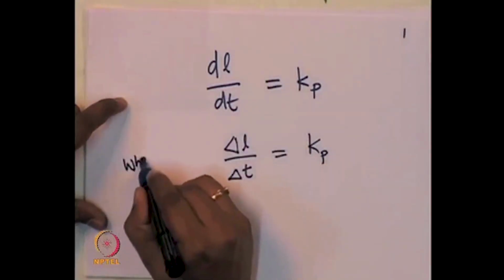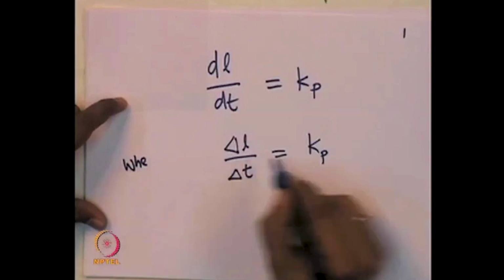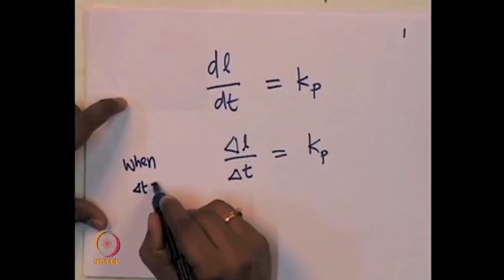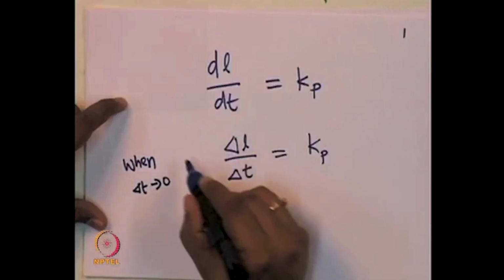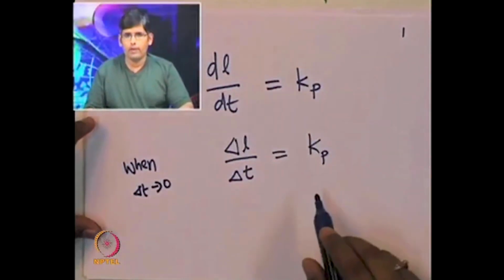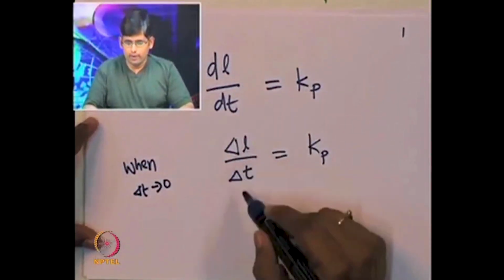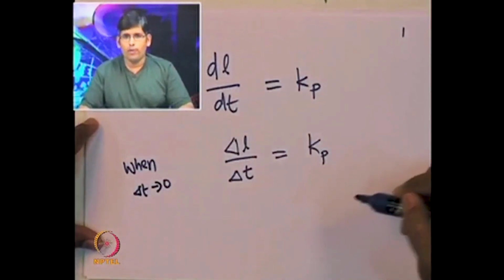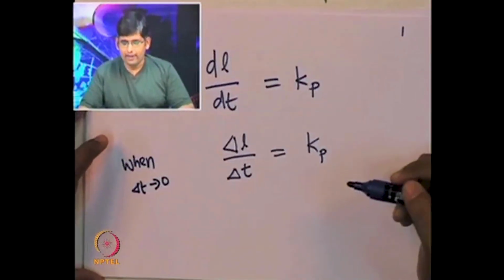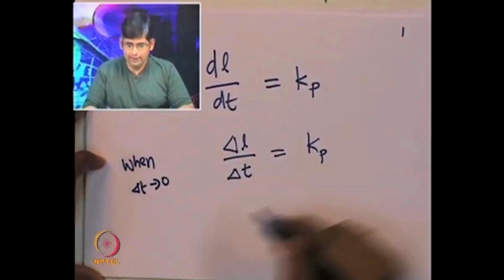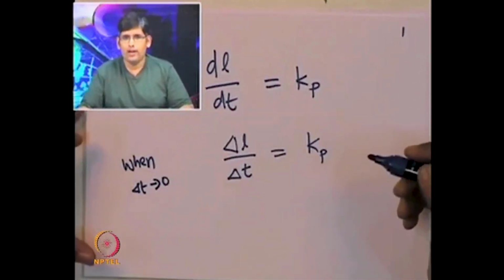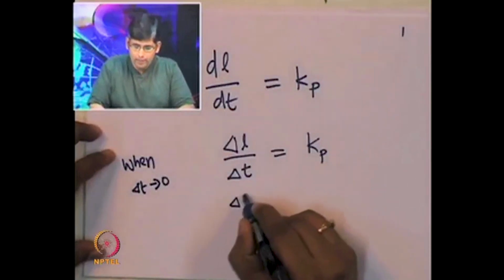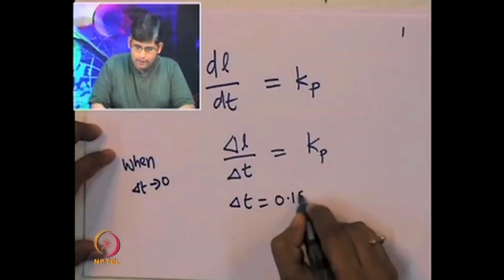Now let us say delta t is very small, a fraction of a second, say 0.1 second.